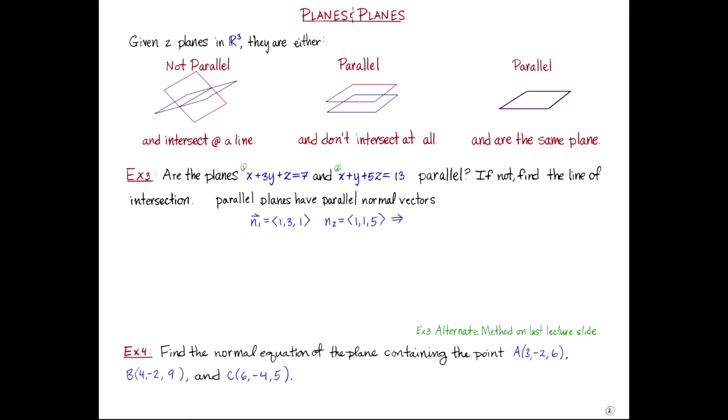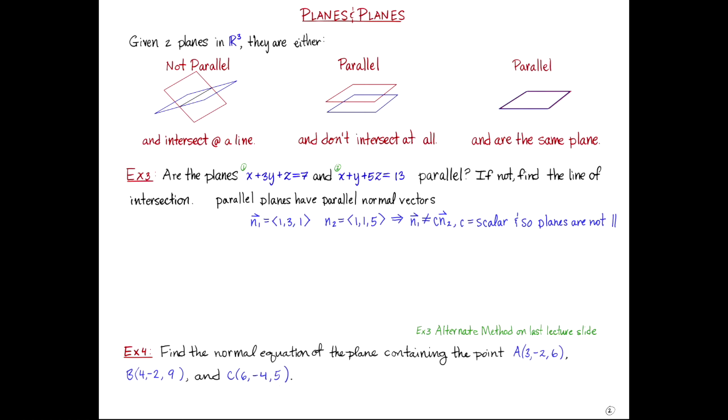Telling us that one normal vector is not a multiple of the other normal vector, where c is equal to a scalar. And so that tells us that the planes are not parallel.